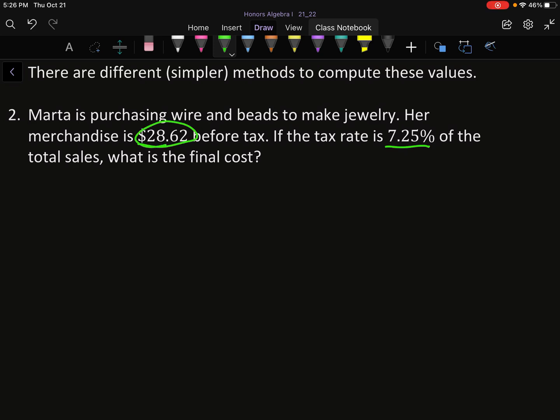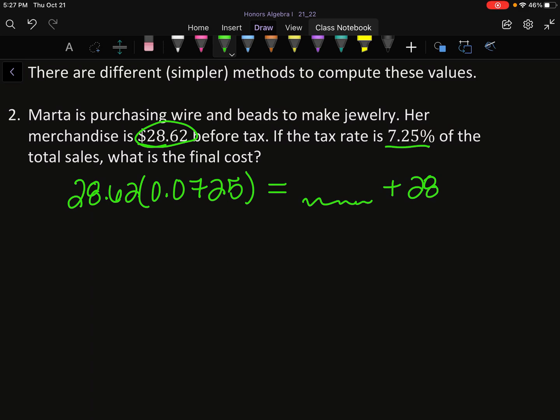That's kind of what we want to know. Well, I can figure that out by doing 28.62 times 0.0725 is equal to something, and then take that something and add it back onto 28.62, right? Let me just compute that.